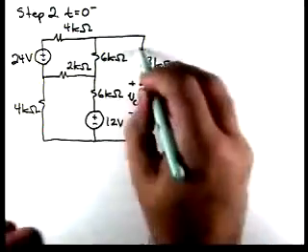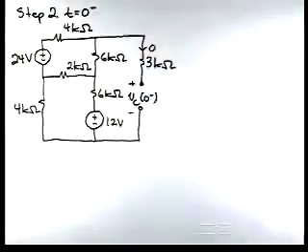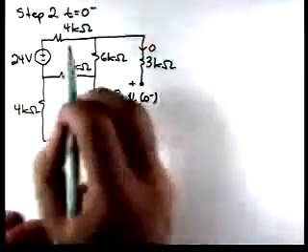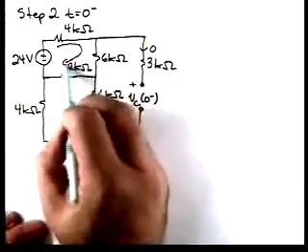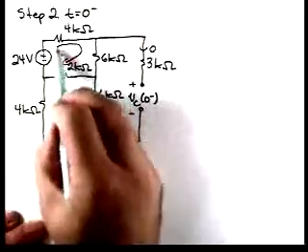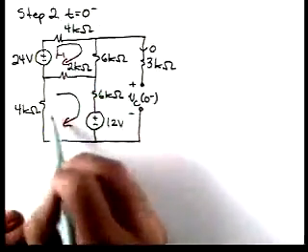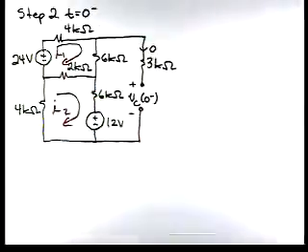So we know, for instance, the current here is 0. Now we need to find that voltage. Here we may as well use mesh analysis. So I'm going to define two mesh currents, I1 and I2, and now let's write mesh equations.